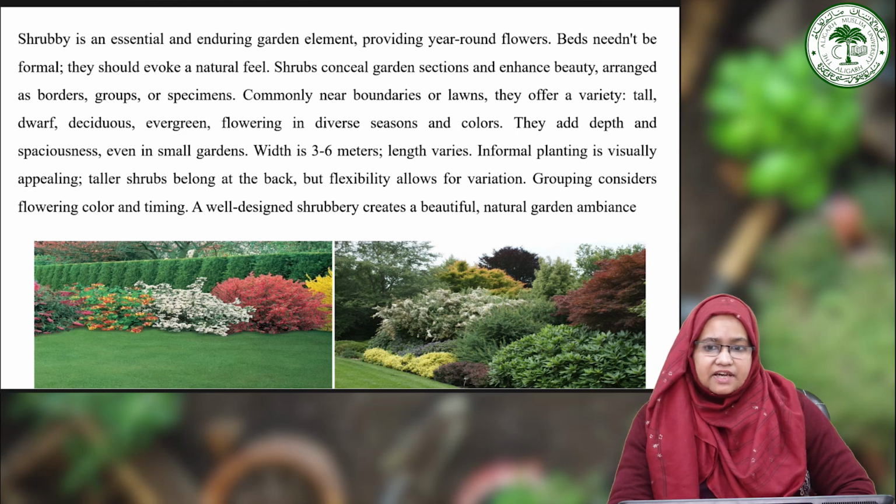Shrubs come in various forms: tall, short, deciduous, evergreen, and bloom in an array of seasons and colors. They contribute to the perception of depth and spaciousness even in smaller gardens, with typical width ranging from 3 to 6 meters and length varying according to the garden's layout.